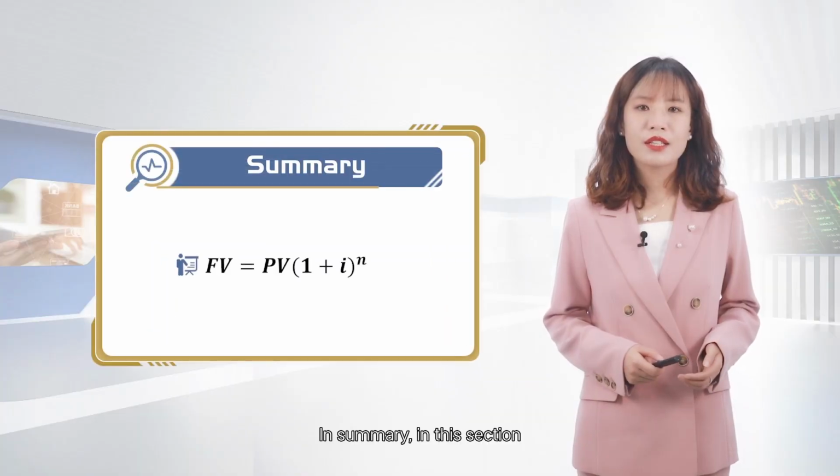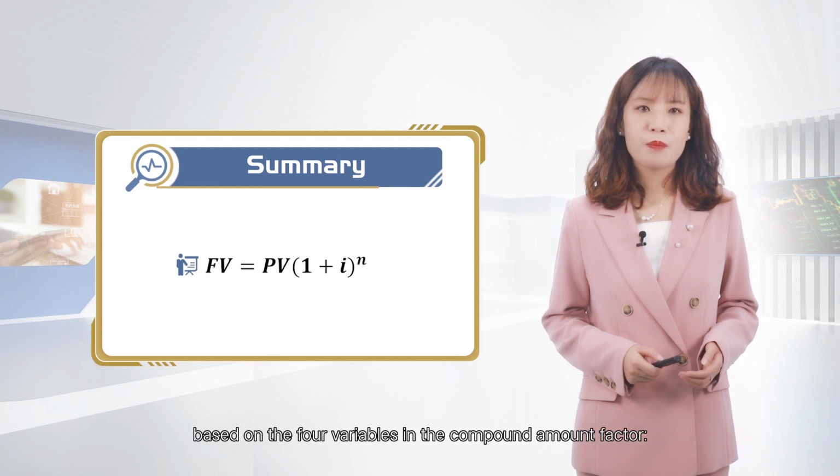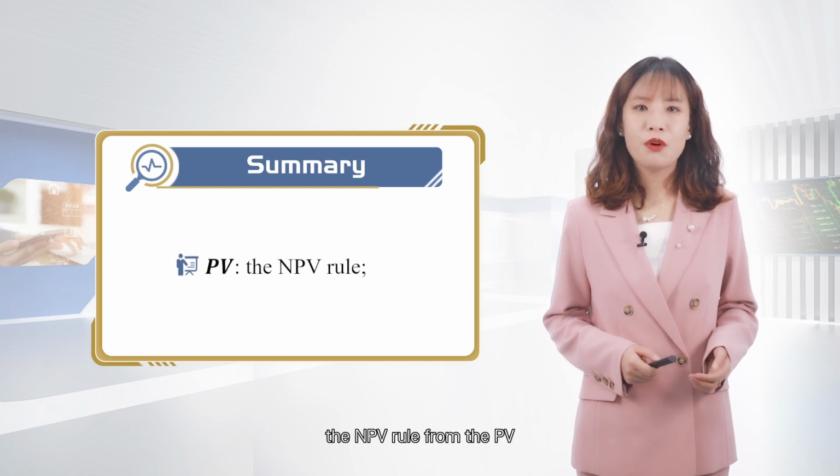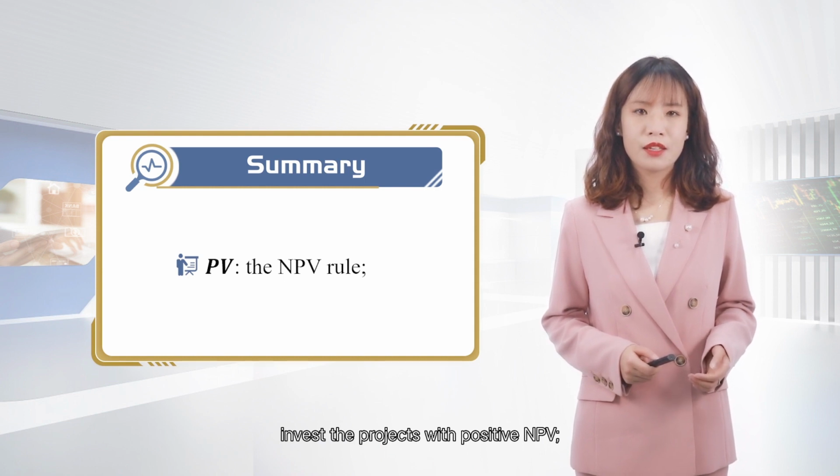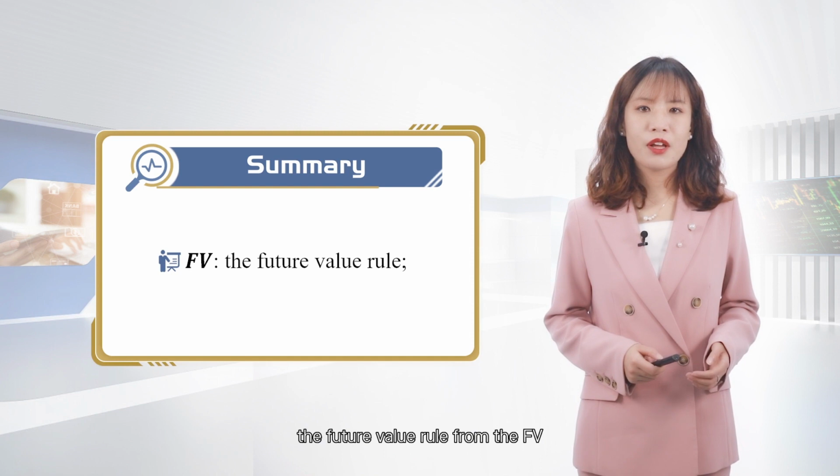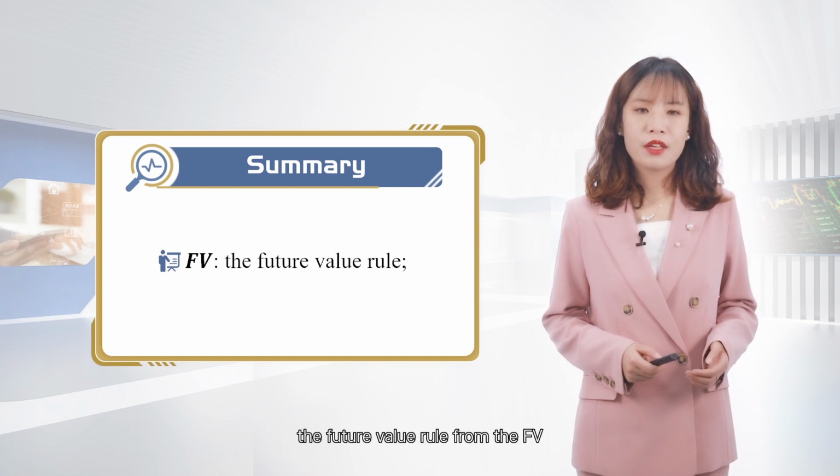In summary, in this section, we have studied 4 decision rules based on the 4 variables in the compound amount factor. The NPV rule from the PV: invest in the projects with positive NPV. The future value rule from the FV: invest in the project with greater FV.